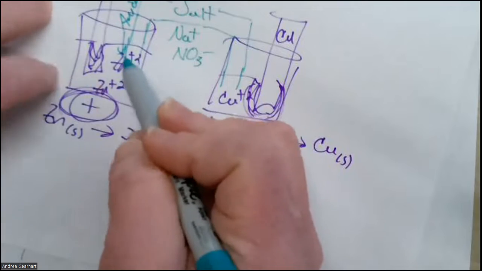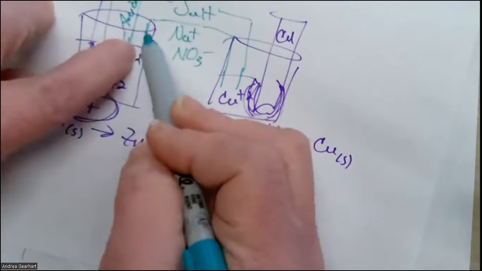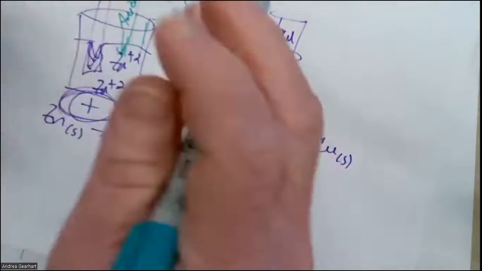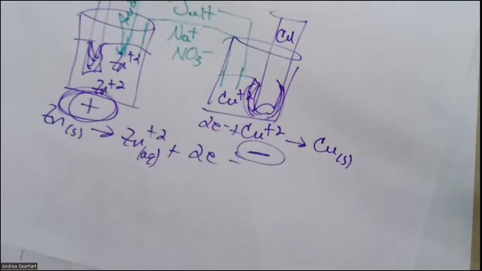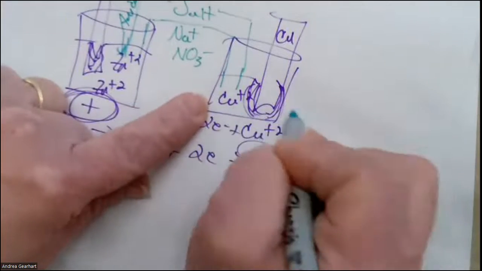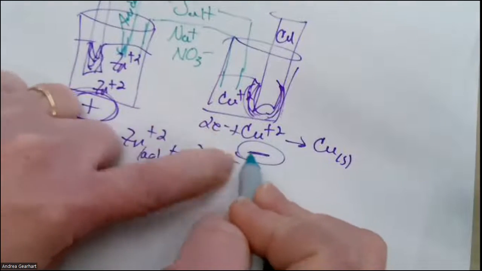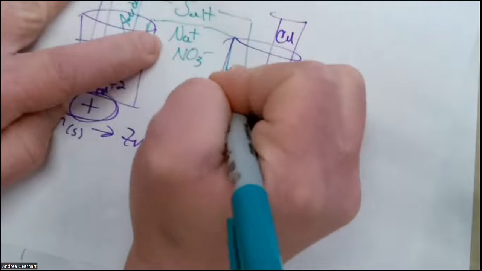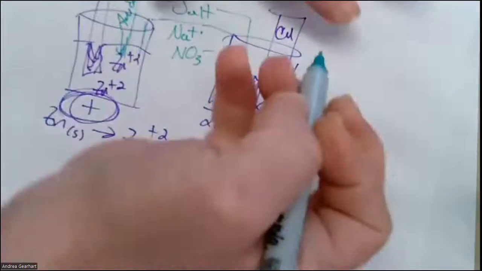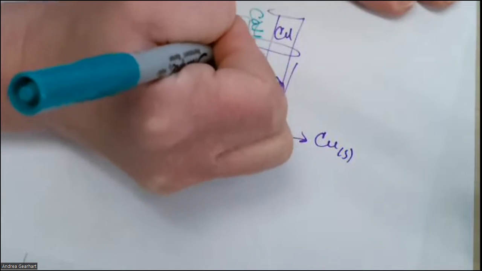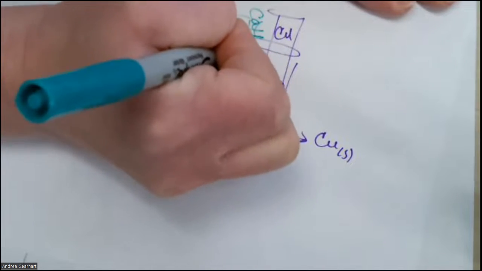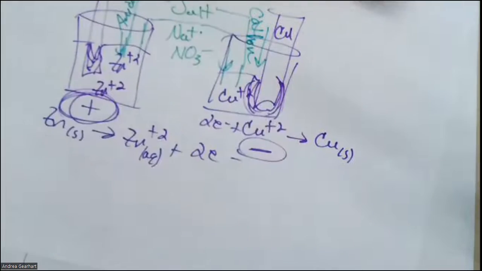Also, some zinc ion could move into the bridge, but usually this is big enough, just as long as the electrical neutrality is balanced. And here, as we are becoming more negative, the sodium ion will flow in here. So the cation will flow in that direction. So that's the reason for the salt bridge.